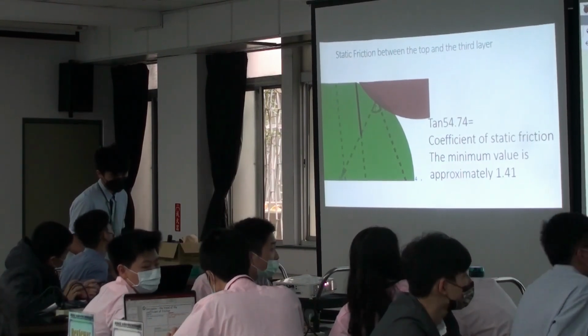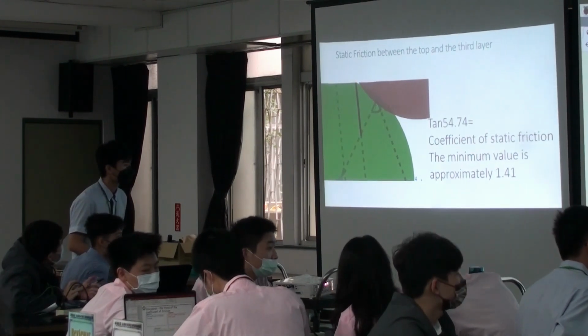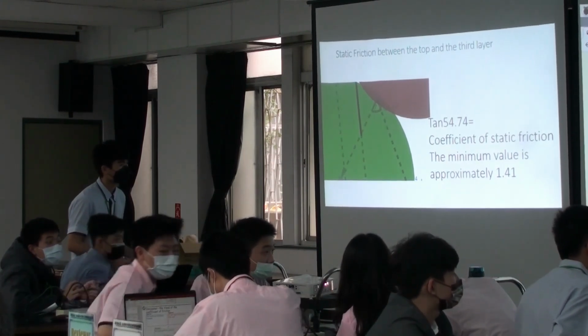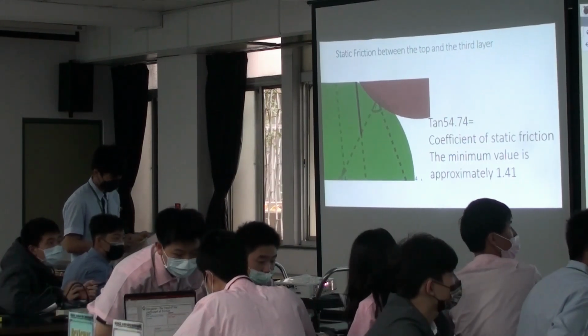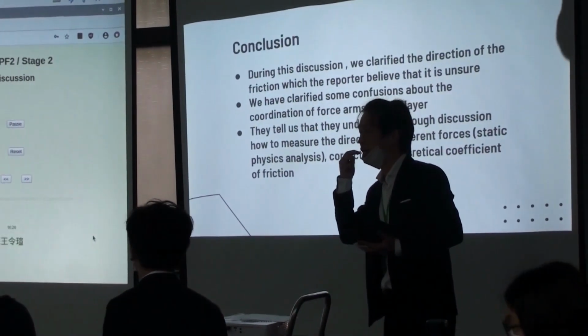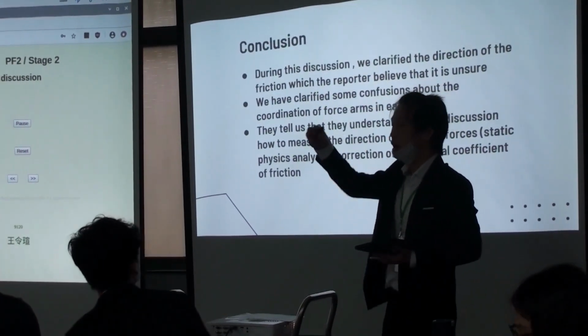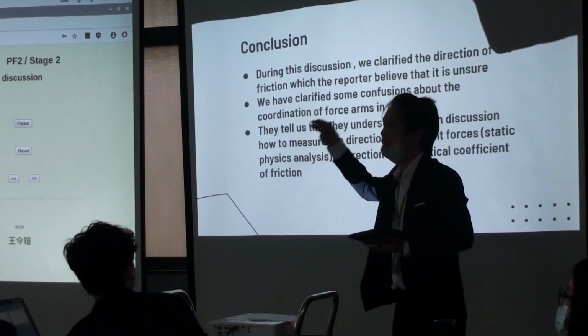Okay, so I'd like to briefly summarize what we just discussed. First of all, we discussed the experimental setup, which they didn't do. For their conclusion, they say that they have no limit, but I believe that is not the real case, because for a tennis ball to have such a high coefficient of friction is basically impossible.